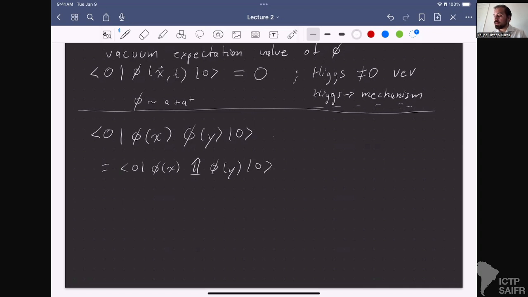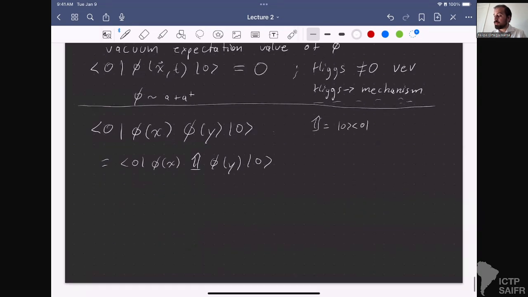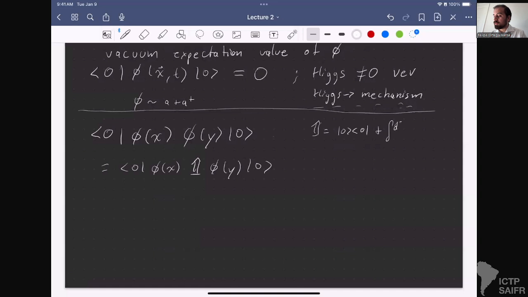But I told you that the identity operator before was equal to this outer product of the vacuum plus the integral d3p over 2 pi cubed, |p><p|, I think there was a factor of 2 omega p here, plus so on.